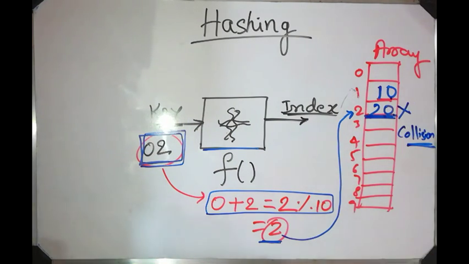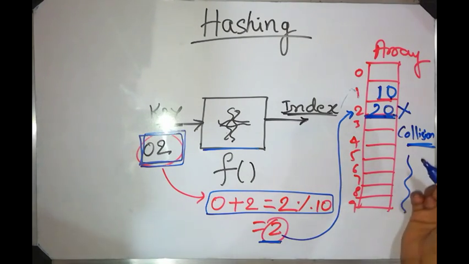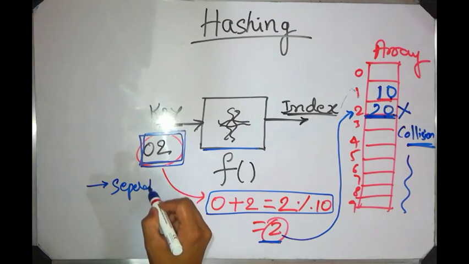Now there are different methods in which you can resolve this collision, right? One would be to go for separate chaining.